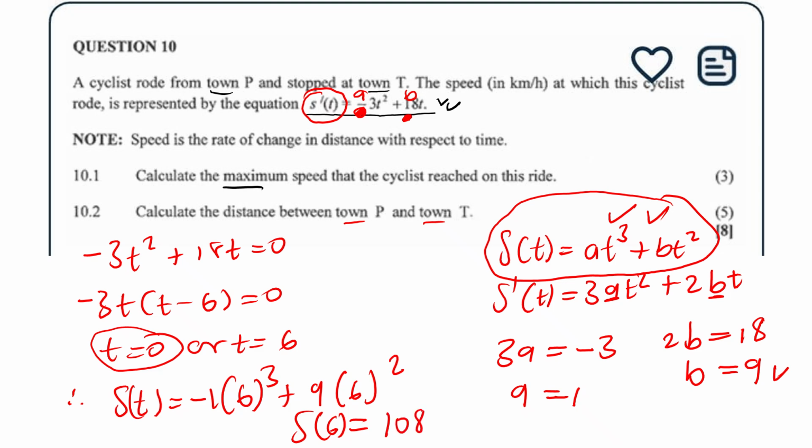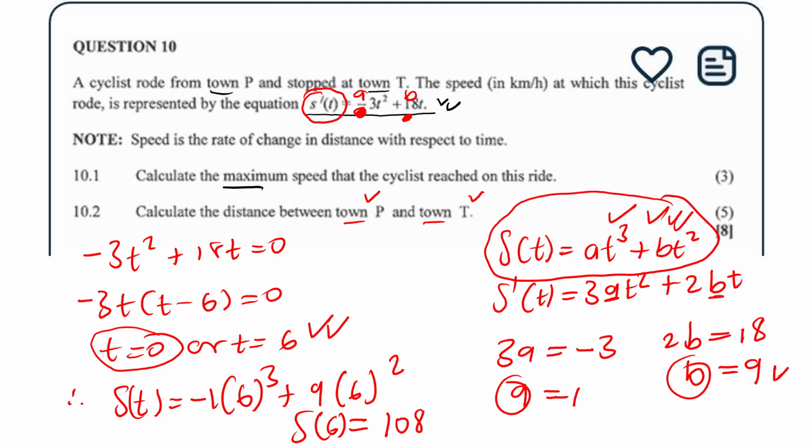So firstly, you have to find the time for this cyclist to move from town P to town T, right? After finding that, you have to find the values of a and b using the original cubic equation of s with respect to t.